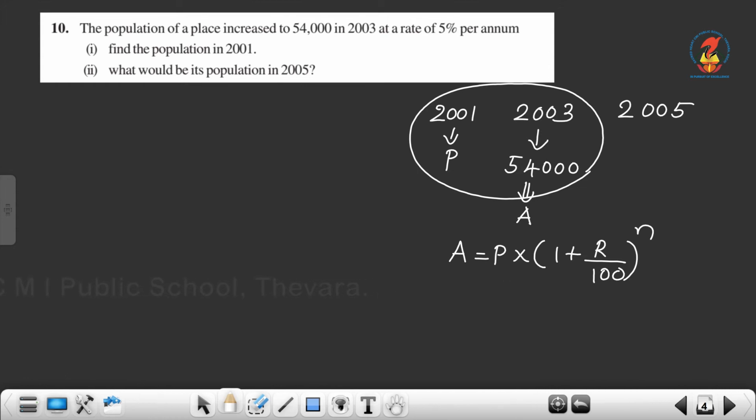So when you look at this formula, we can say that P stands for the initial value. That means the amount deposited. P means what? The amount deposited, the initial amount. So P stands for the population in 2001. A means the amount after certain years. So here we can say that the population after 2 years is 54,000.